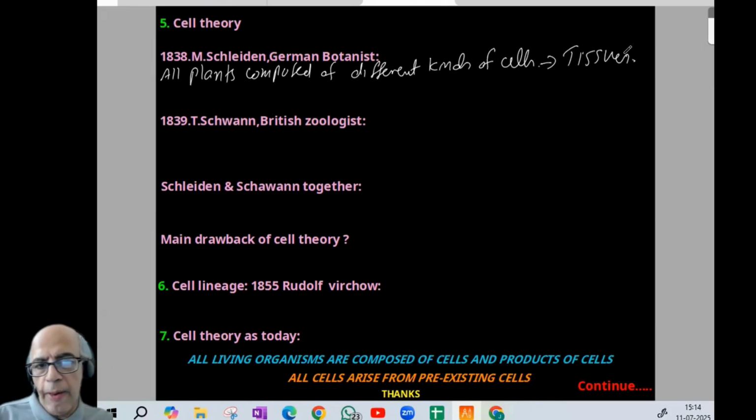That is the first idea: all plants composed of different kinds of cells, connected with the term tissues. That is Schleiden, German botanist.